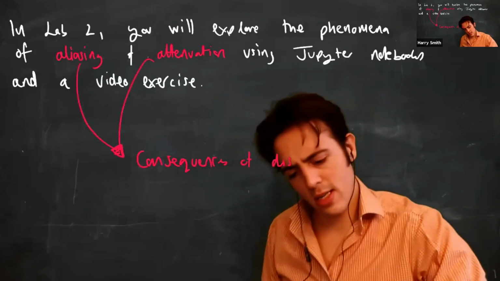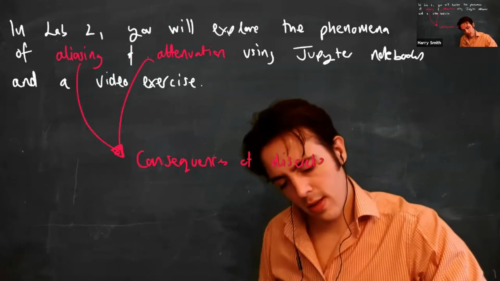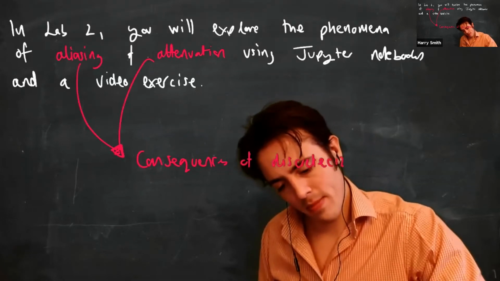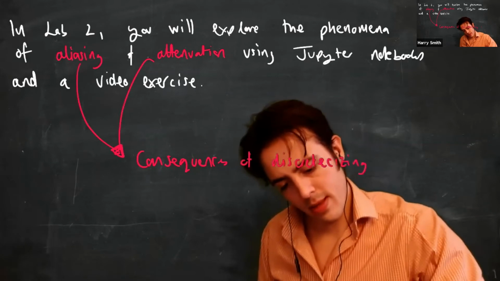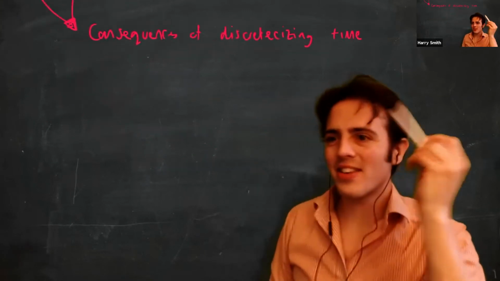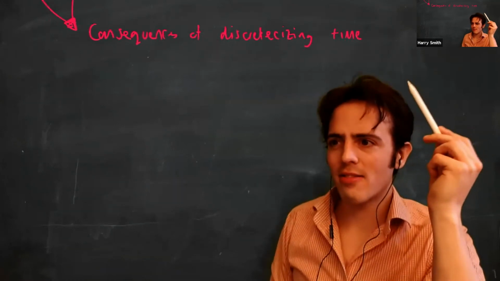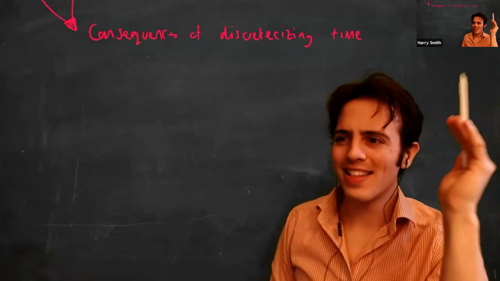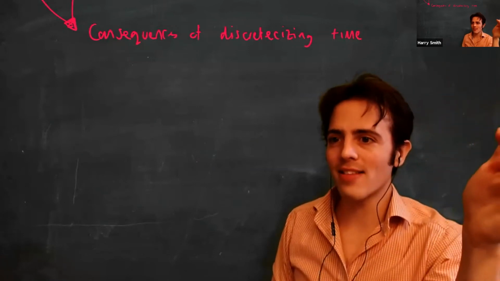Discretizing, is that a word? I can't spell that now. It's very hard to do this with an audience sometimes. These are consequences of, I can't even say the word, taking the time and taking discrete chunks of it. There are consequences of that, okay?